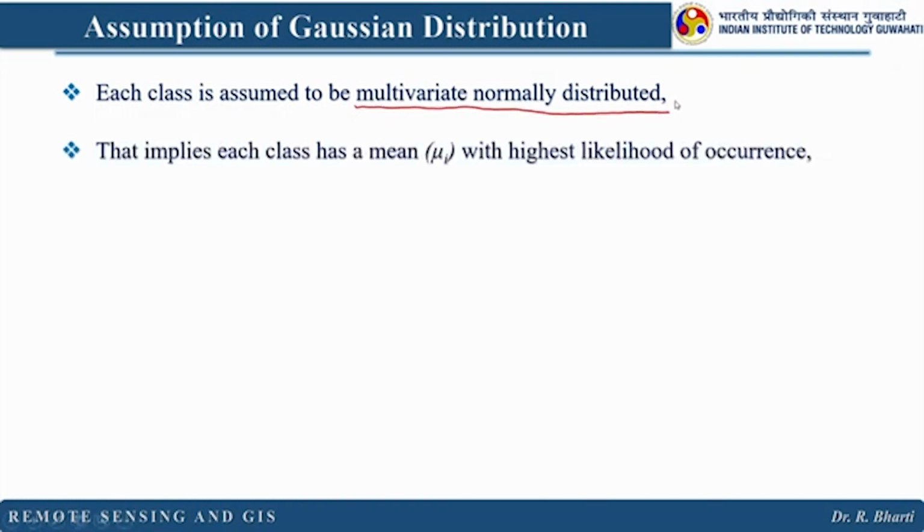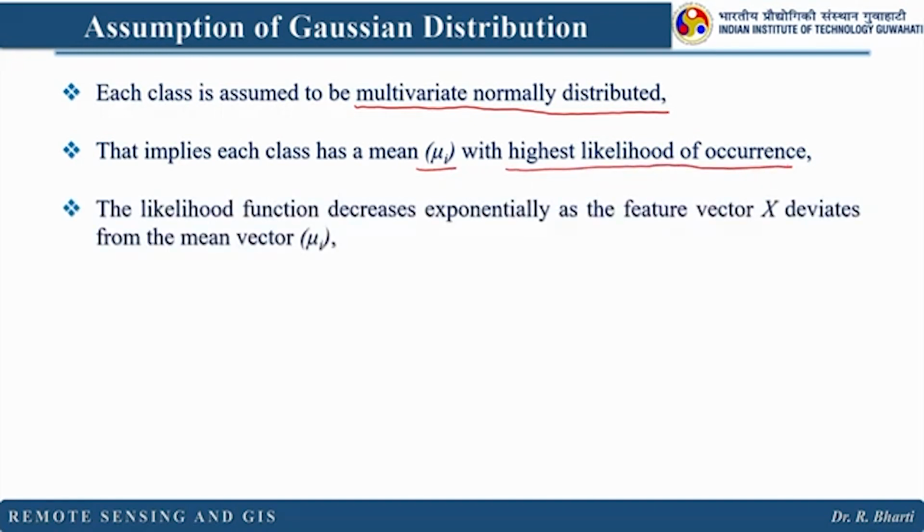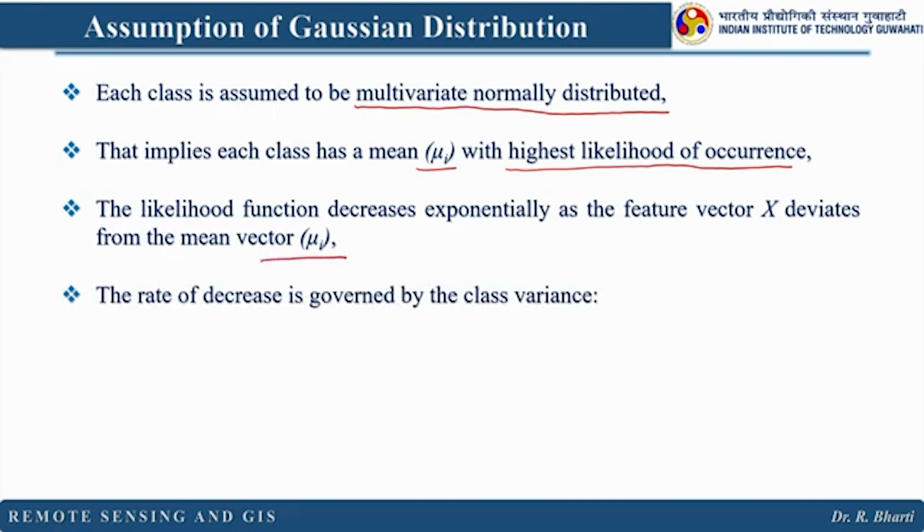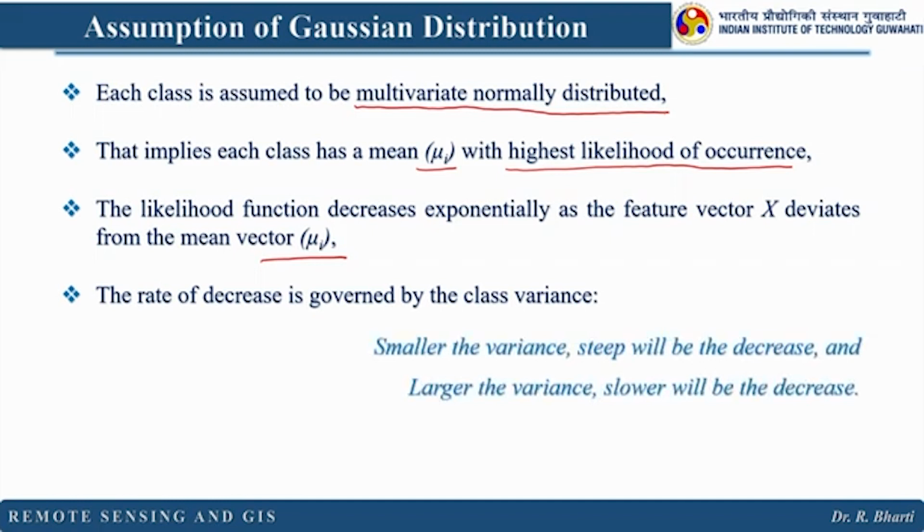That implies each class has a mean with highest likelihood of occurrence. The likelihood function decreases exponentially as the feature vector x deviates from the mean vector. The rate of decrease is governed by the class variance, where the smaller the variance, the steeper the decrease, and the larger the variance, the slower the decrease.